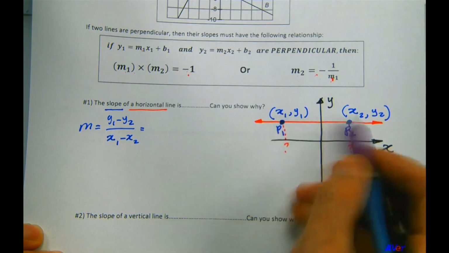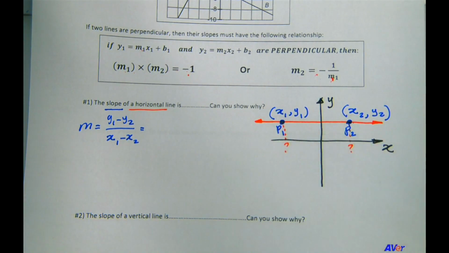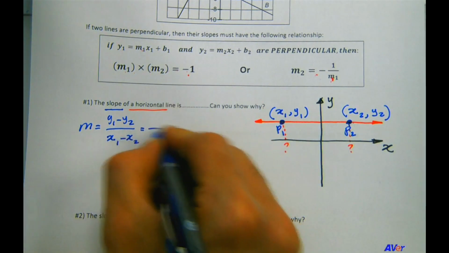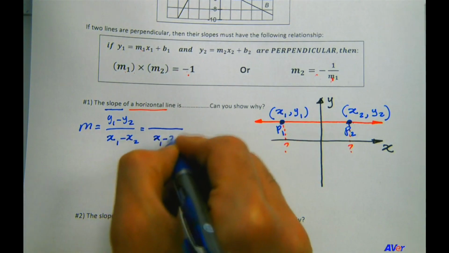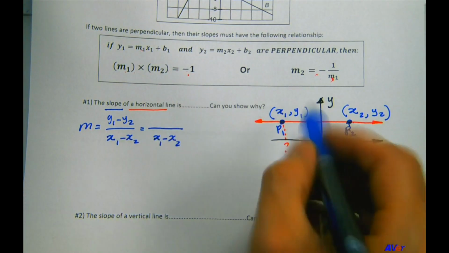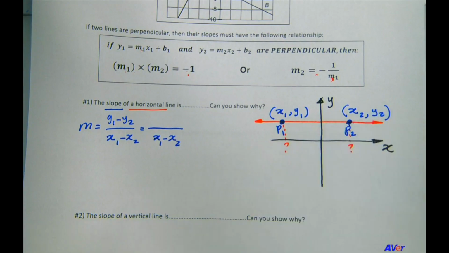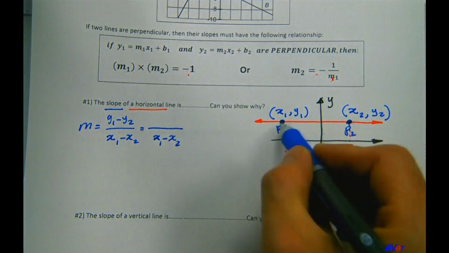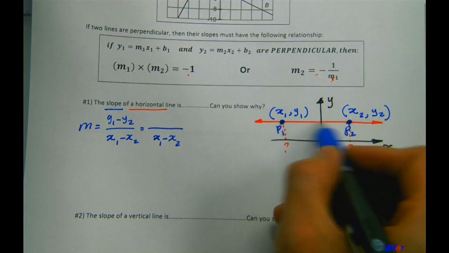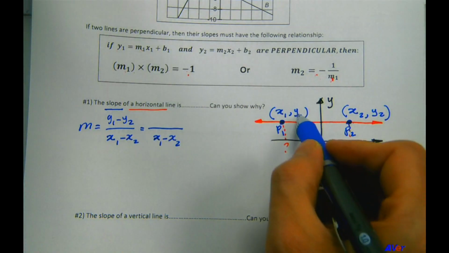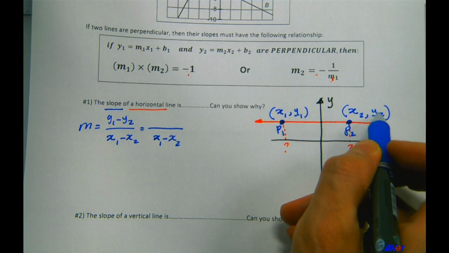But x1 and x2 would be two different numbers. So let's write them as x1, x2, two different numbers. How about y1 and y2? Would they be the same number or different numbers? y1 and y2 are going through exactly the same y value. So y1 and y2 would have to be the same.